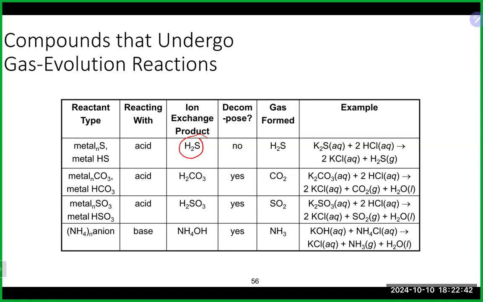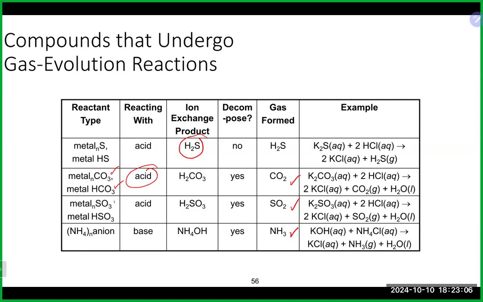The other routes here, to CO2, SO2, and ammonia, are indirect routes. They're going to be decomposition reactions. That's going to be anything with carbonate or bicarbonate reacted with an acid. You make carbonic acid, which breaks apart and gets you your CO2 gas in water.